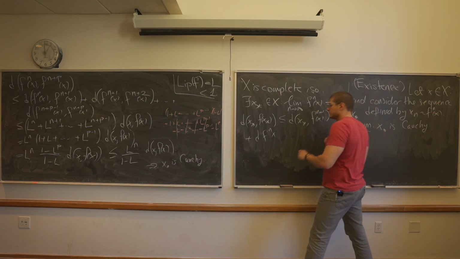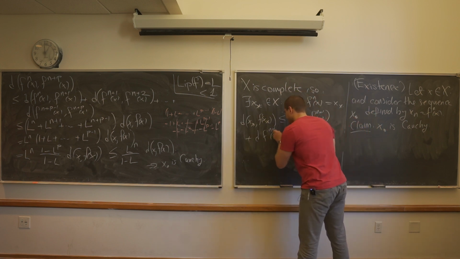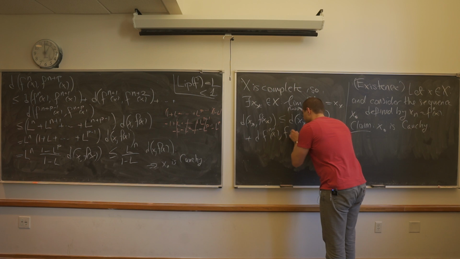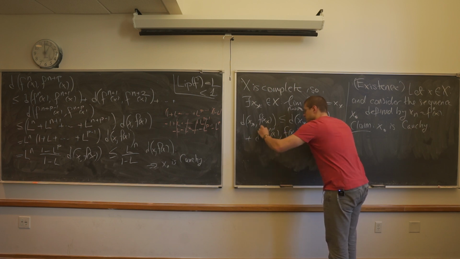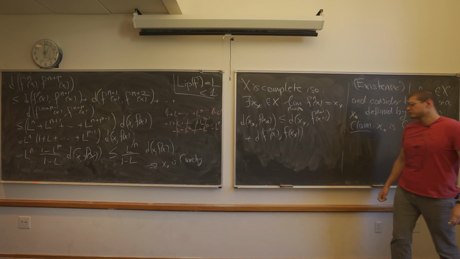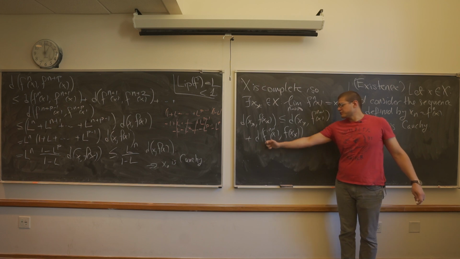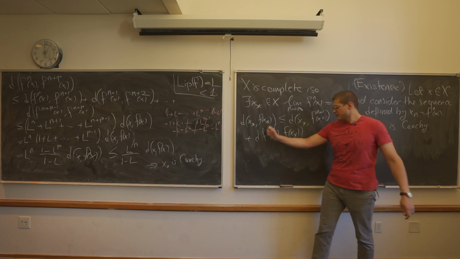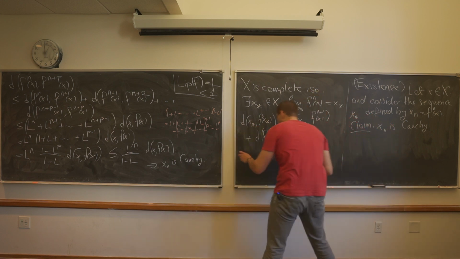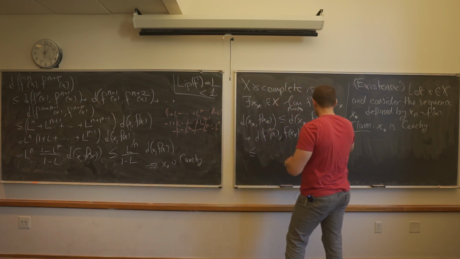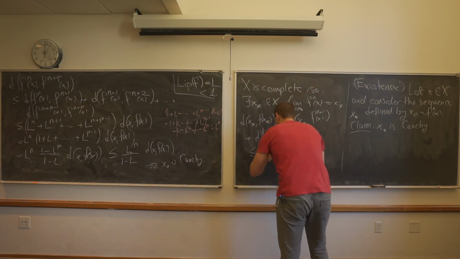Yeah, let's do that. x comma f of x star. So I use the triangle inequality. I have here one copy of f, which means by the Lipschitz property, I can take out that f and bound this by this.